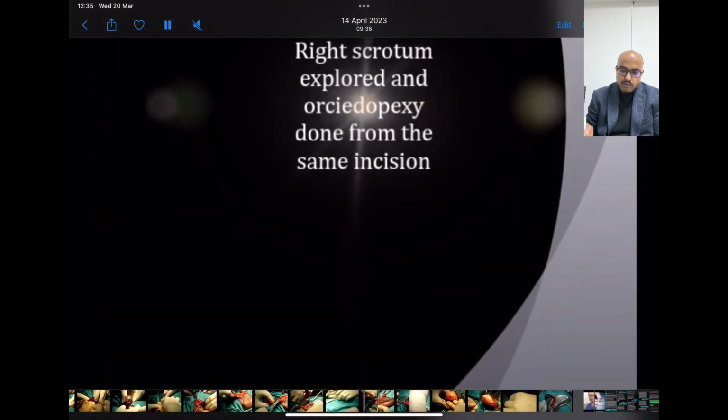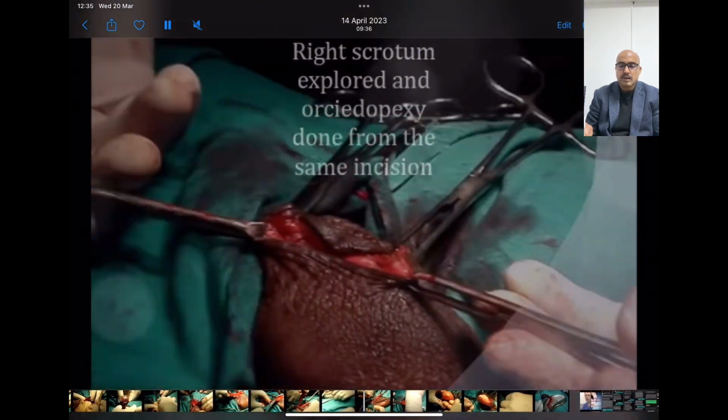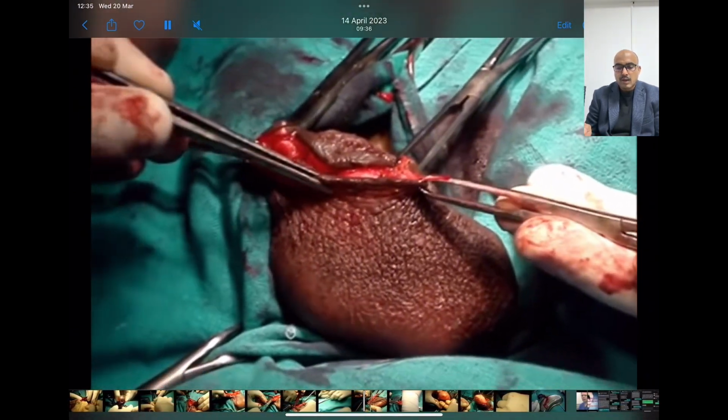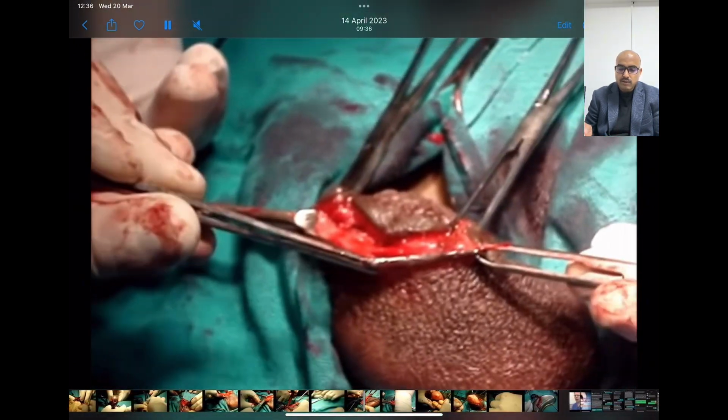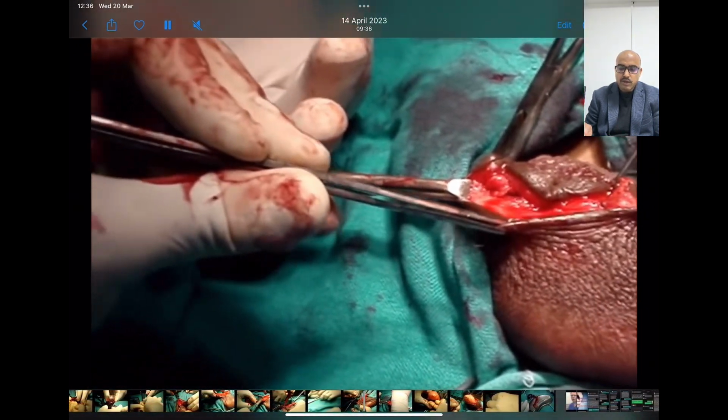Fine. So the testis is removed. This is the affected side. Now you have to open the other side at the same time. From the same incision you can open it, and now you see here how the normal testis looks.